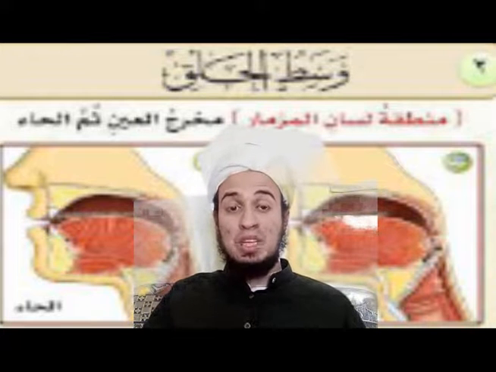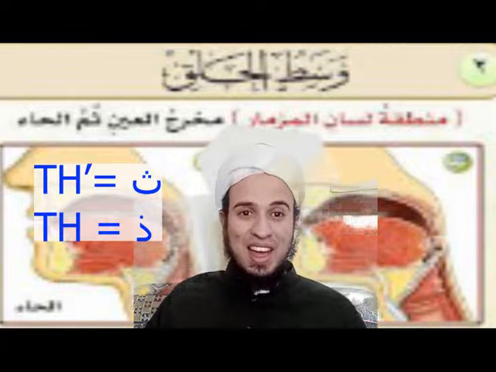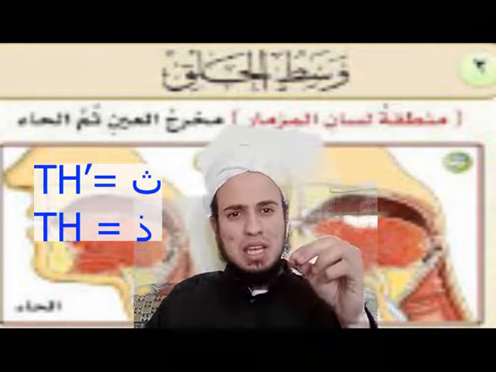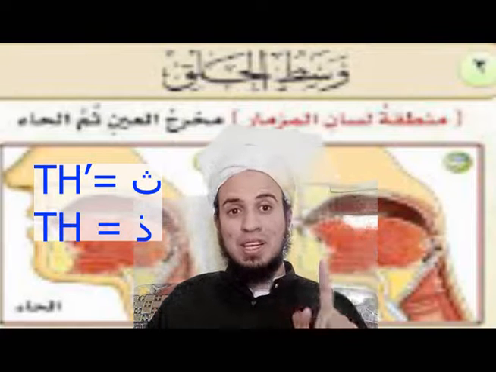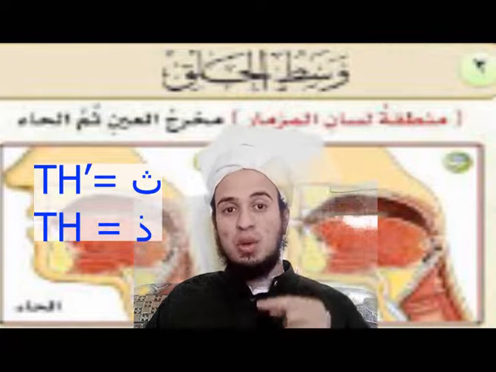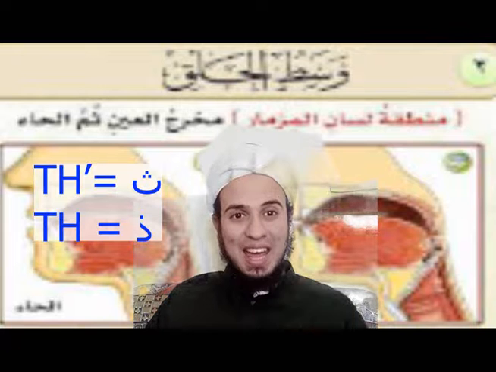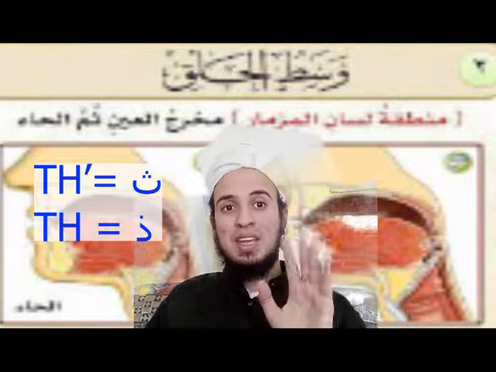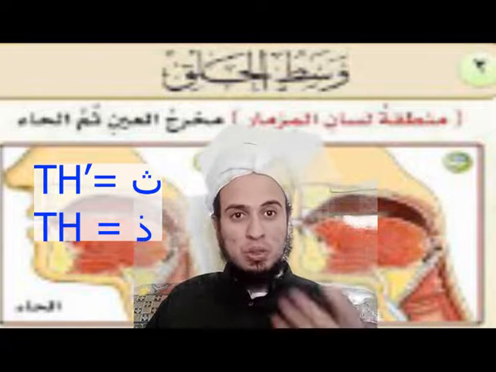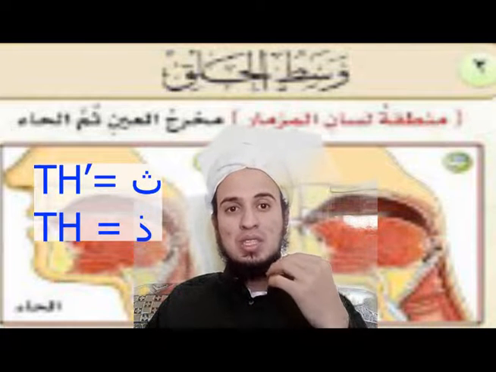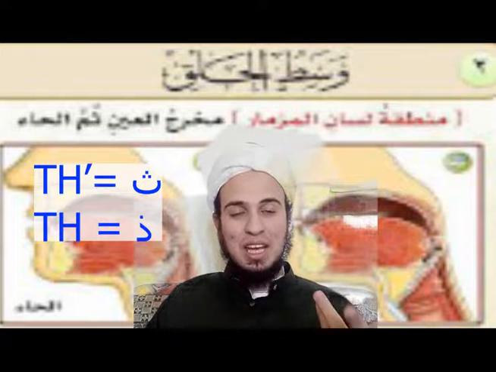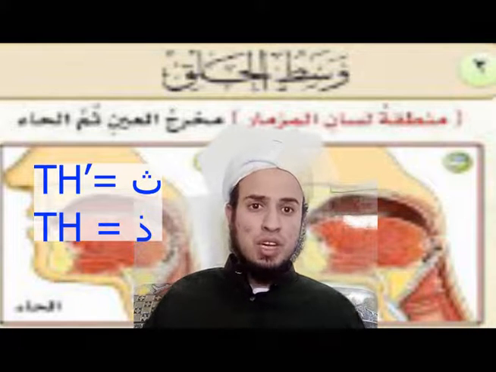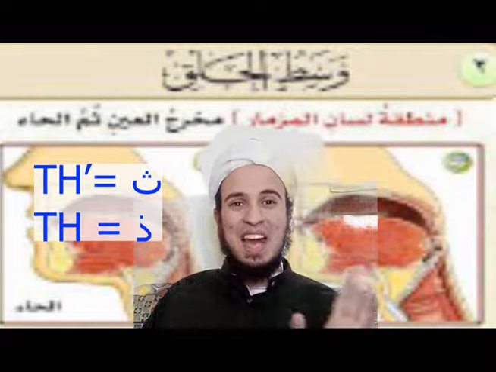Now we need to focus that the and tha come from almost the same place. But the thing is that when we say the, we do not make breath go out, pressured out. I'm going to the. TH is very close to the letter tha.